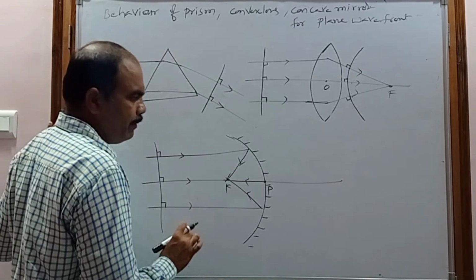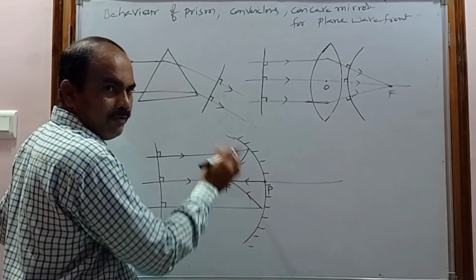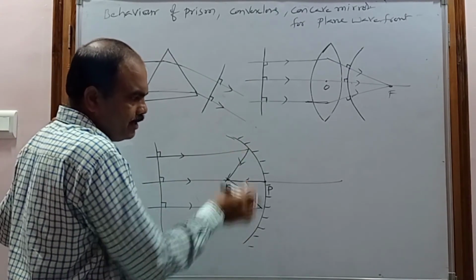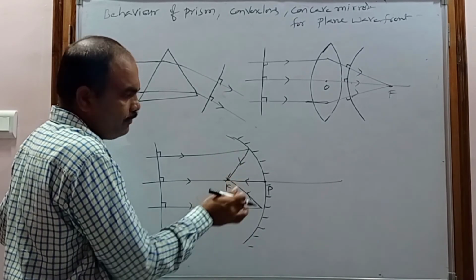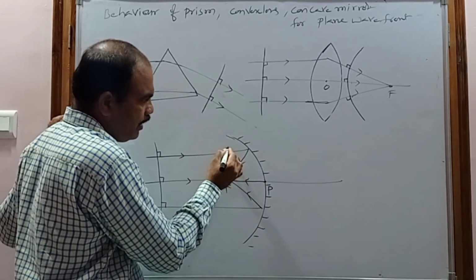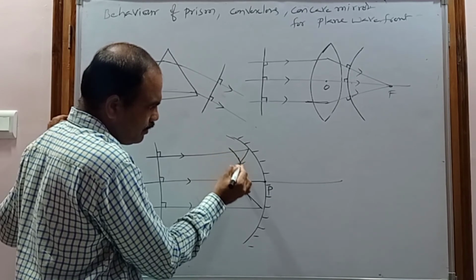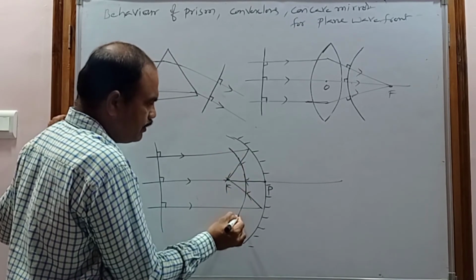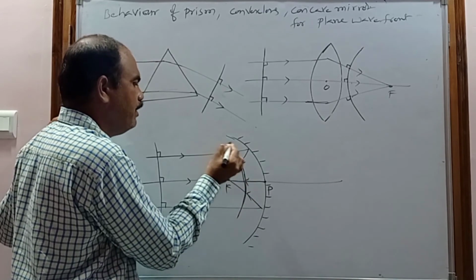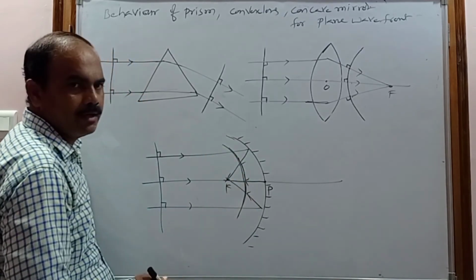So that's why, when I draw the wavefront for these reflected rays, the wavefront comes like this. Now it is not a plane wavefront, it becomes spherical.